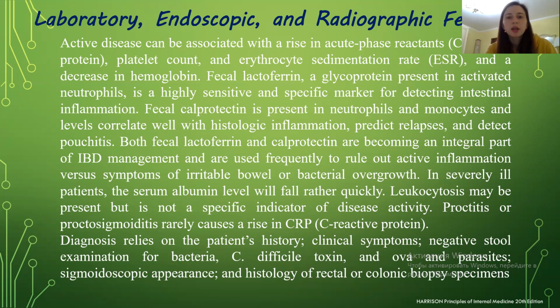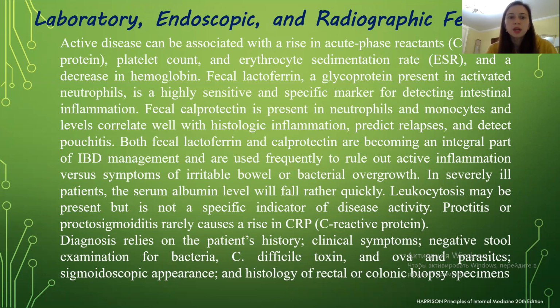Both fecal lactoferrin and calprotectin are becoming an integral part of inflammatory bowel disease management and are used frequently to rule out active inflammation versus symptoms of irritable bowel or bacterial overgrowth.